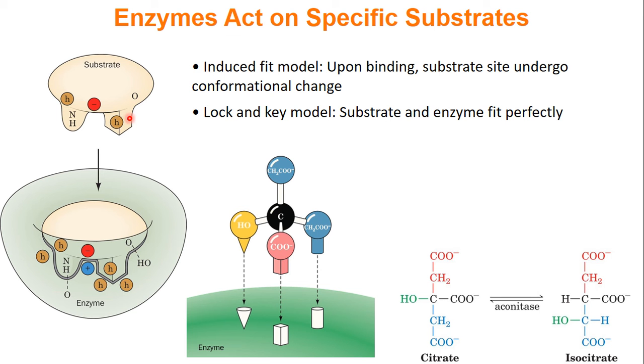The lock and key is you have a perfect fit from the start. The substrate and enzyme bind perfectly to begin with. Nobody knows exactly what model is correct. Some enzymes show one model over another. But the induced fit model is usually the one that's more generally accepted. People think that's how enzymes generally work, not so much the lock and key model.